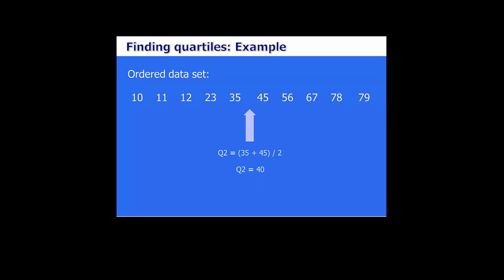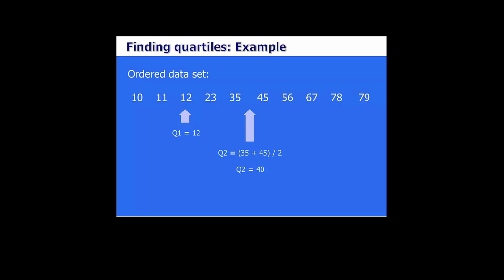Then we find Q1, which is the median of all values below Q2. So Q1 is the median of 10, 11, 12, 23, and 35. With an odd number of scores, the median is just the middle value, which is 12.